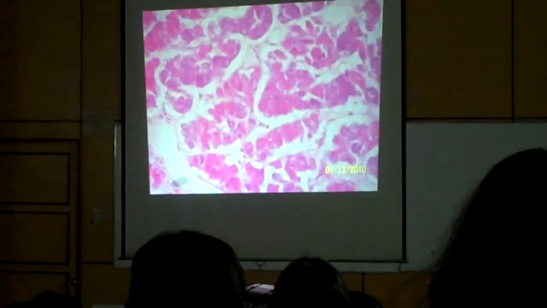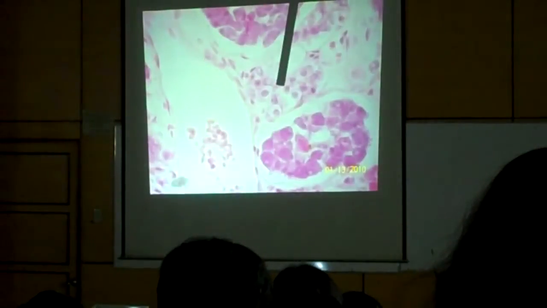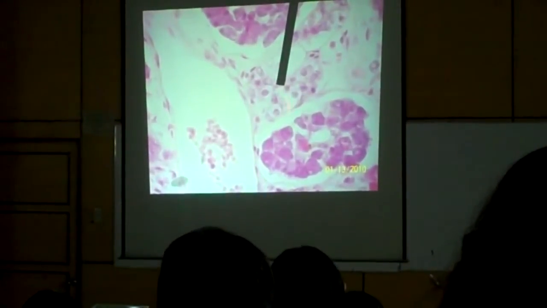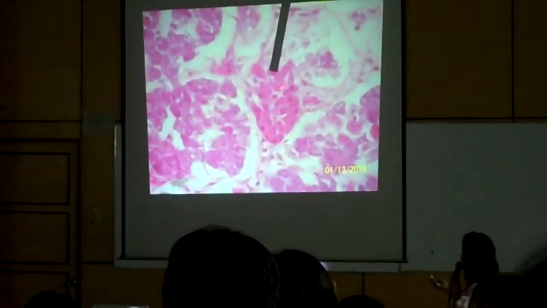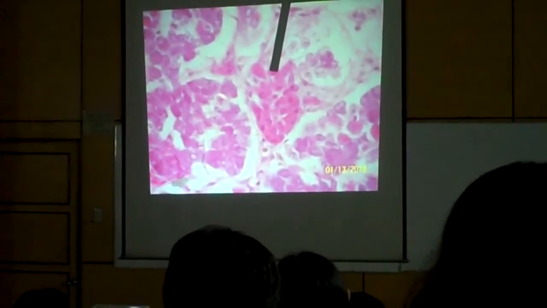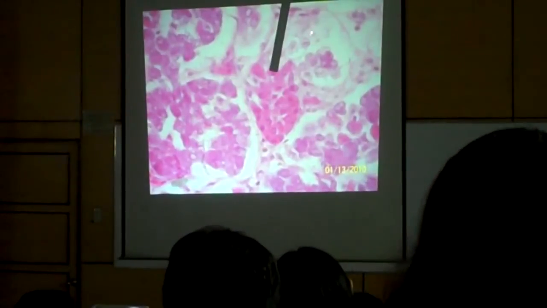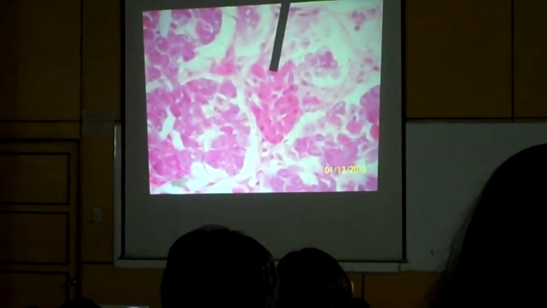It's the same, high power: acidophil, basophil, basophil, a basophil, and a group of chromophobes. Okay, a group of acidophils and a group of basophils. And maybe these are chromophobes.